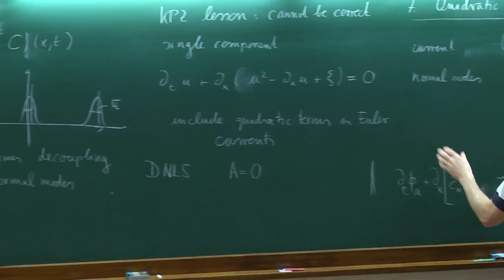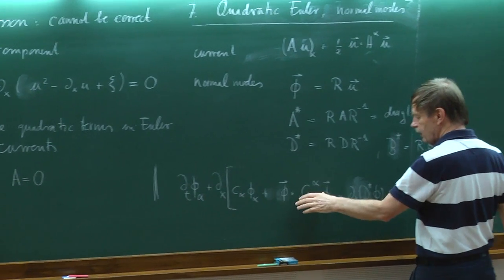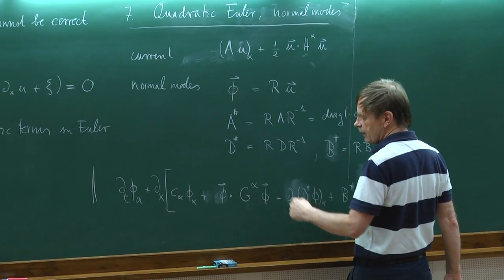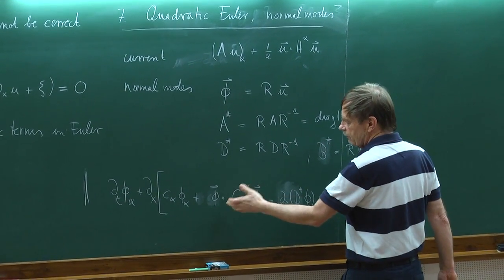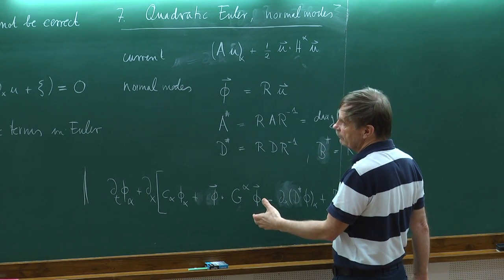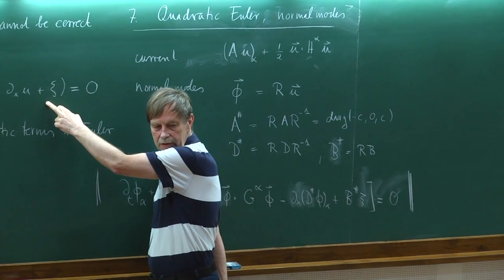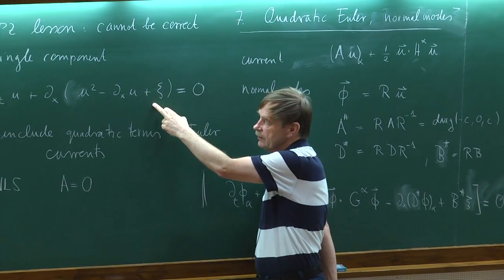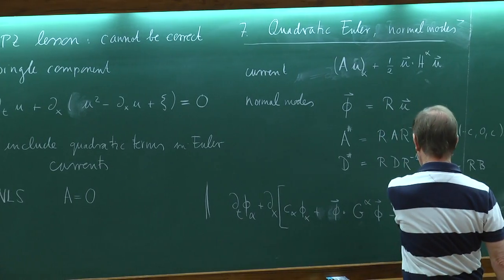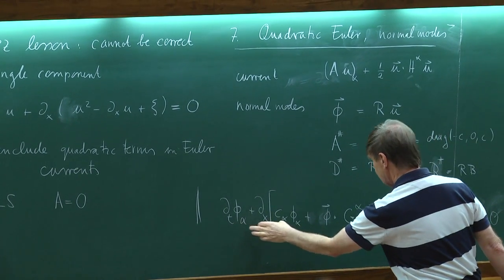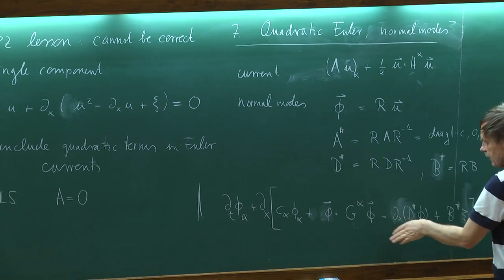Now I'm talking about this decoupling. I look at this thing and I want to decouple one particular component alpha. If I decouple, then the single component will look exactly like this equation. If I fix alpha and drop all the couplings here, then it's just that equation.